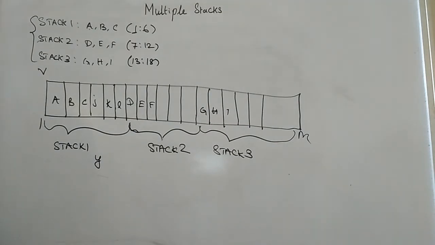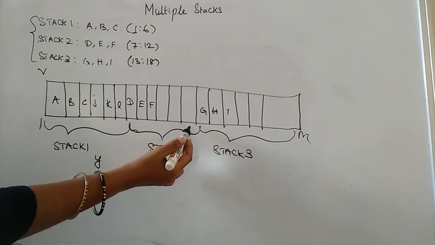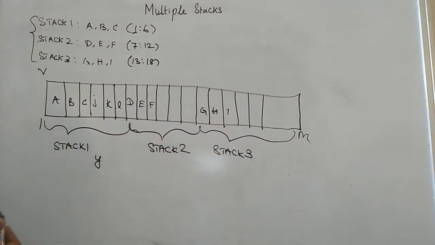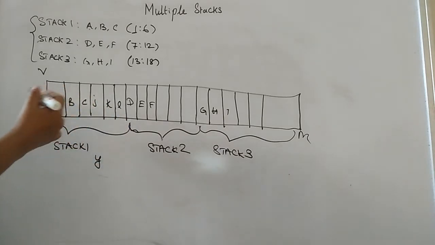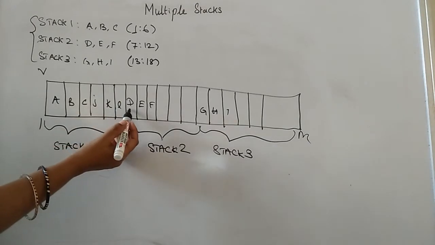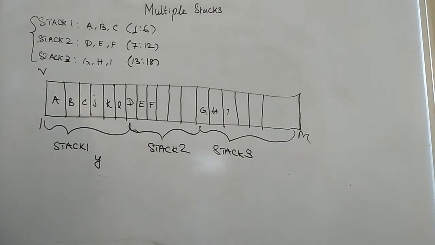In such a case, what we are going to do is, if there is free space in the array, and if we have spaces on the right hand side, we are going to shift the elements towards the right by one cell. If we have spaces on the left hand side, we are going to shift the content of stack 2 towards the left. Let's see the diagrammatic representation now.